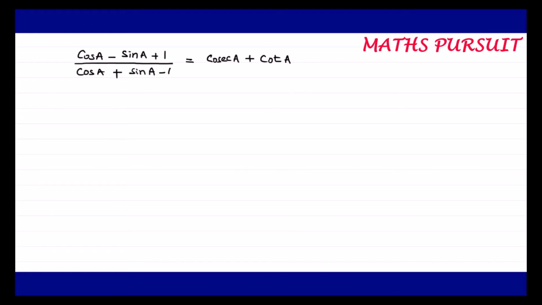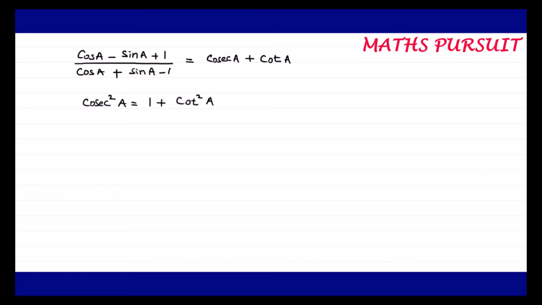Now we are going to do this using the identity cosec square A is equal to 1 plus cot square A. This is the identity that we are going to use, and this is being asked in the question itself, so we cannot avoid this one.